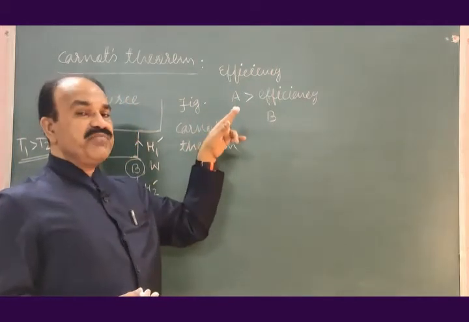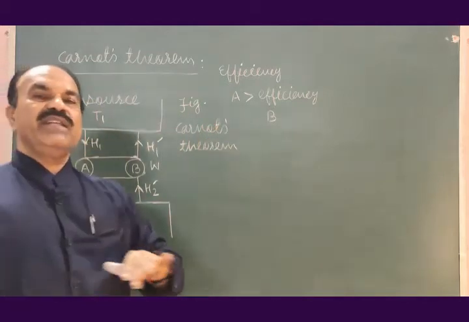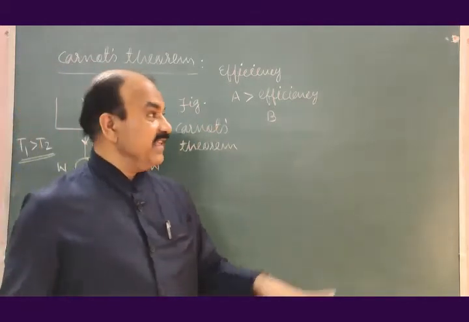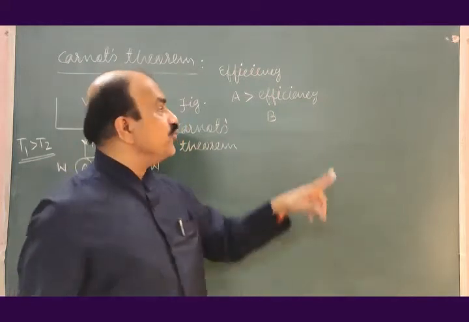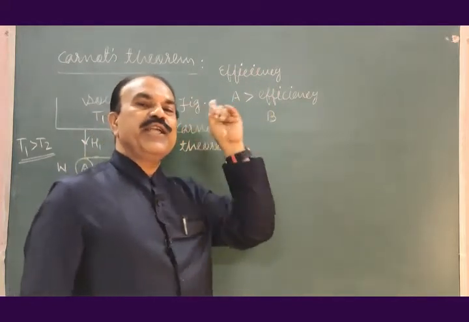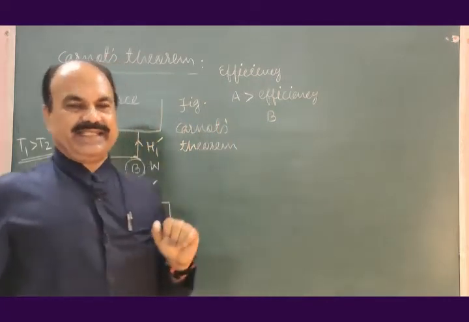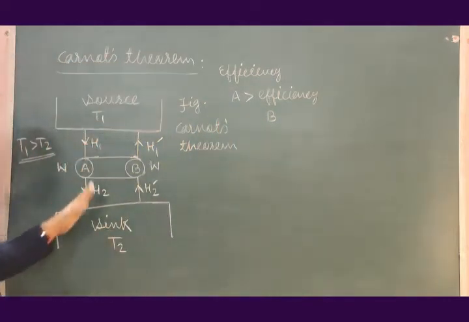If this statement is proved, Carnot's theorem will be wrong. If we cannot prove this statement, then Carnot's theorem will be correct. Now, let us first talk about engine A.